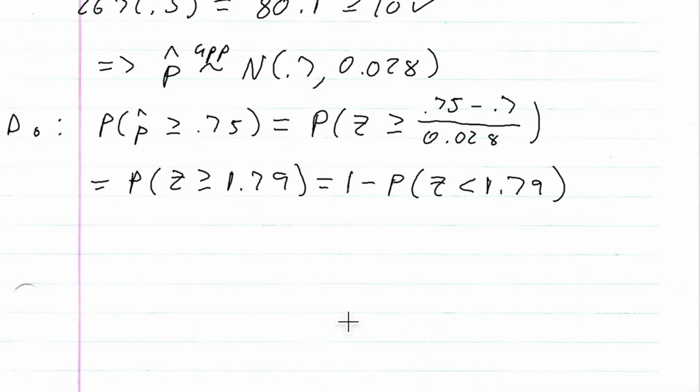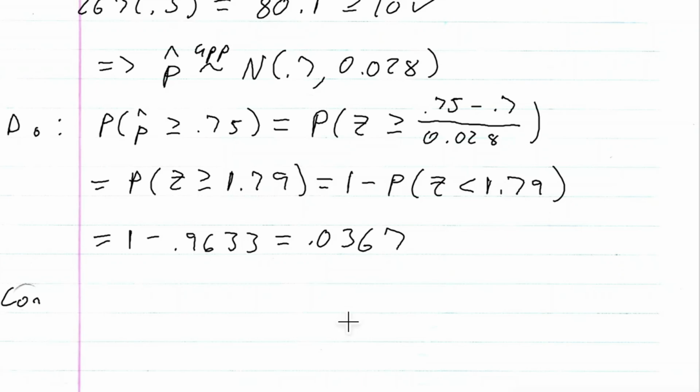So this is equal to 1 minus 0.9633, and that is going to be 0.0367. So the probability that the sample proportion is bigger than 0.75 is about 3.67%.